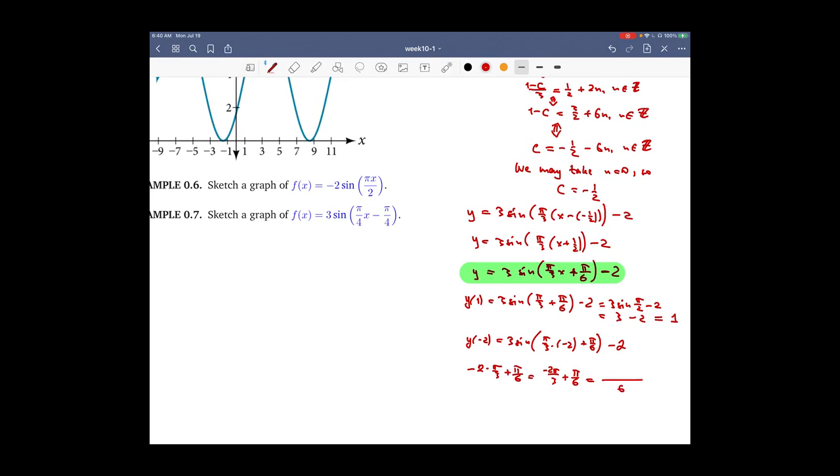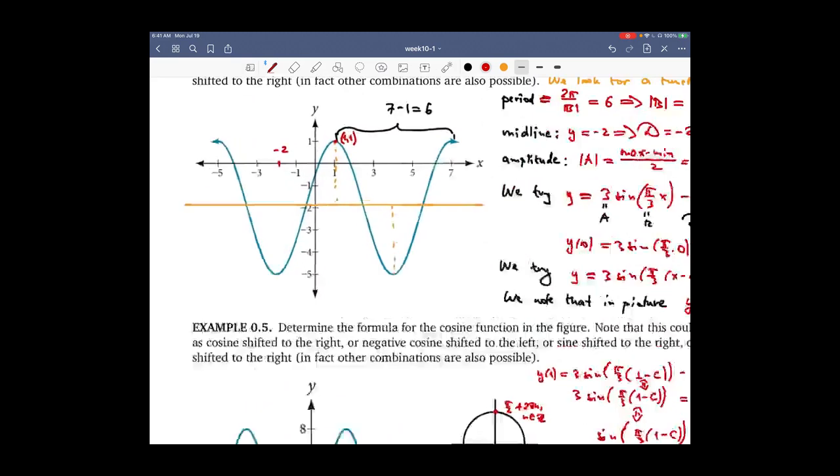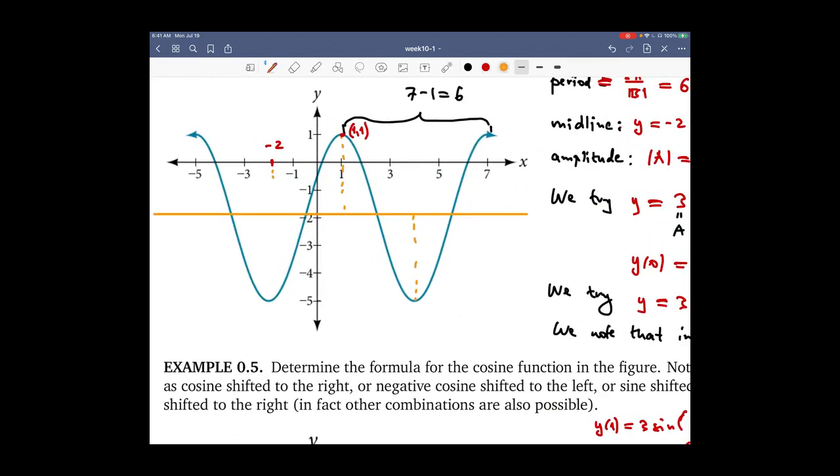Denominator is 6. 6 divided by 3 is 2. That's -4 pi plus pi over 6. That's -3 pi over 6. That's -pi over 2, which is also good because that's definitely where the minimum value of sine is. We have 3 sine(-pi over 2) minus 2, which is 3 times -1 minus 2, which is -5. Indeed, the value at -2 is -5.